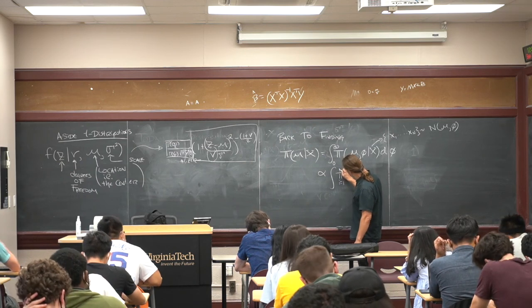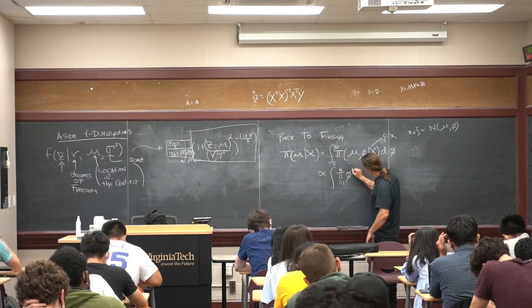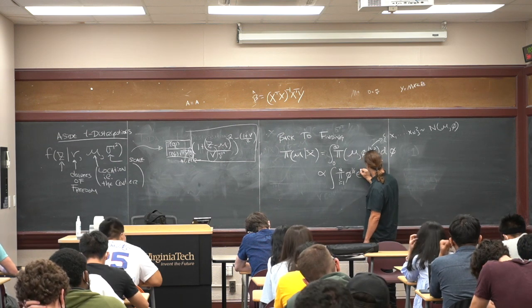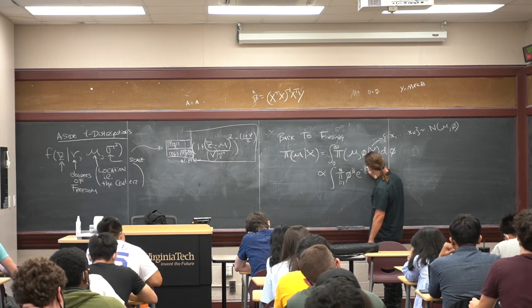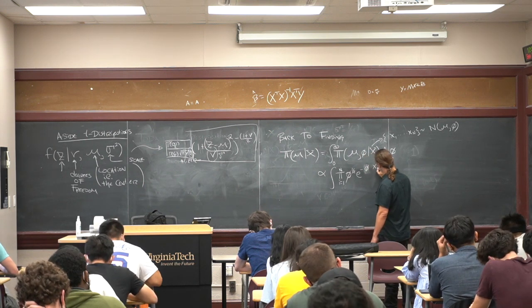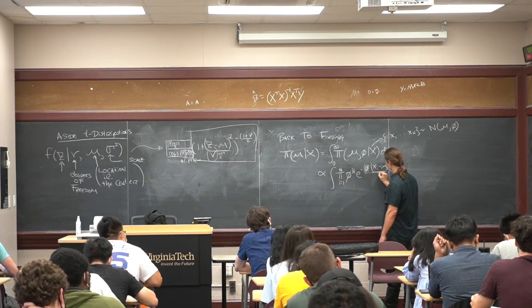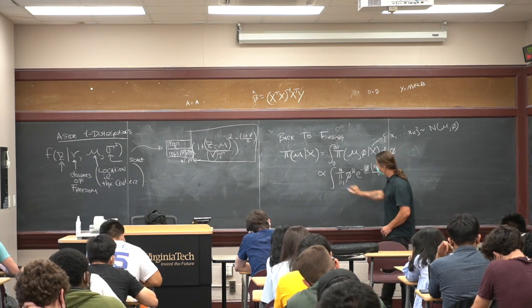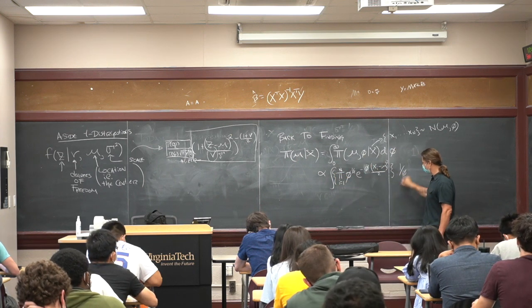So that's just going to look like this. Product 1 to n. This will look like phi to the 1/2, e to the minus phi times x_i minus mu squared over 2. And then I have my prior, and it looks like this.